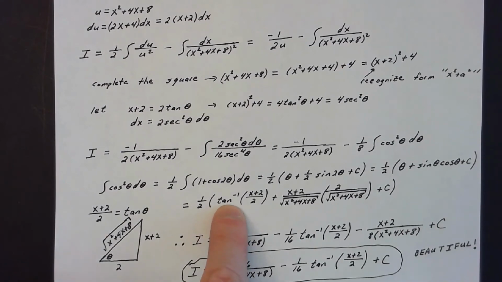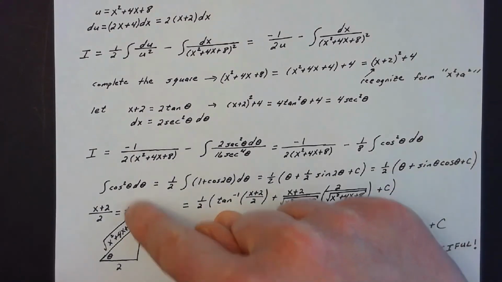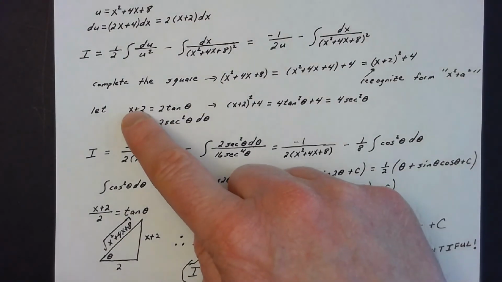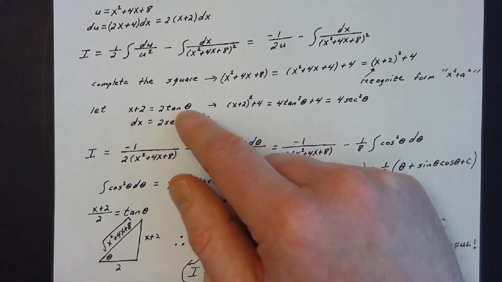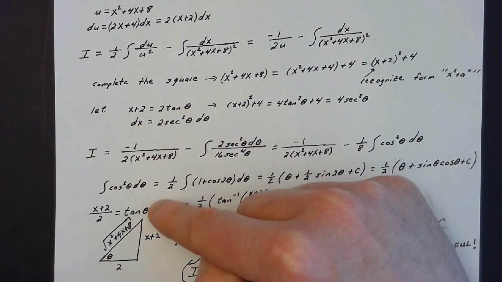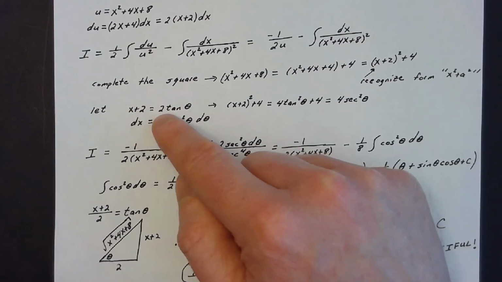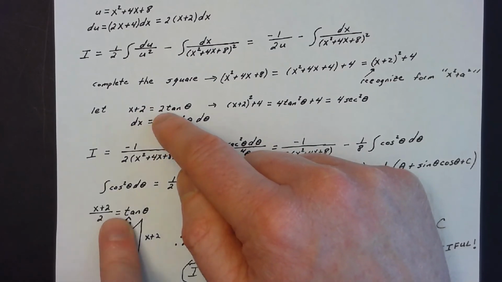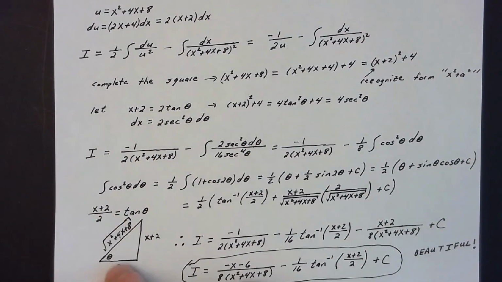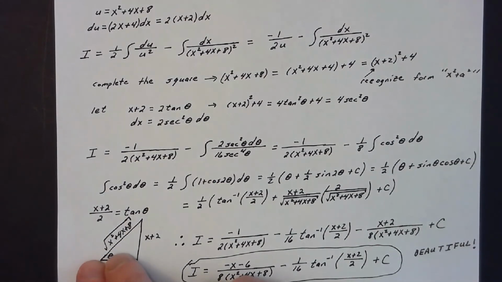I'll get 1/2 times theta plus sine theta cosine theta. I needed to go to my trig triangle. And I can say in this trig triangle, what we've done here is we said, well, if x plus 2 is equal to 2 tangent theta, then the tangent of theta is equal to x plus 2 divided by 2. So then the side opposite theta had to be x plus 2.